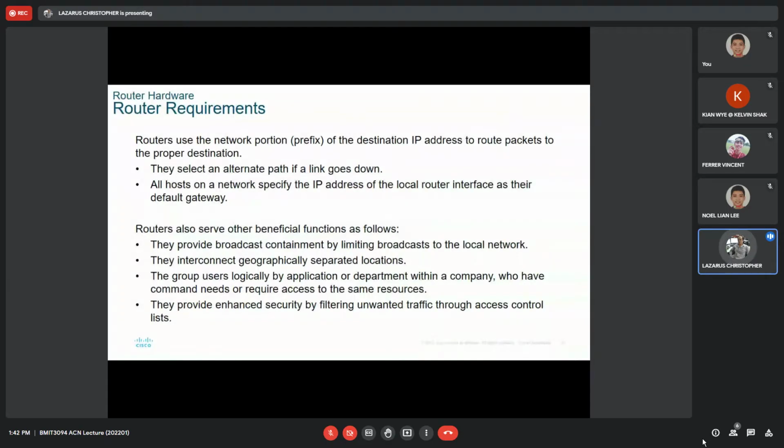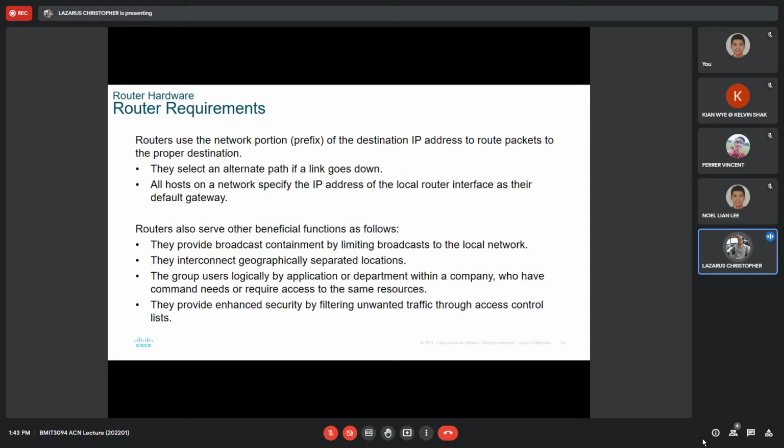So for routers, we know the requirements because we know their features. They work as a gateway, a way to transfer traffic from one LAN to another LAN, right?